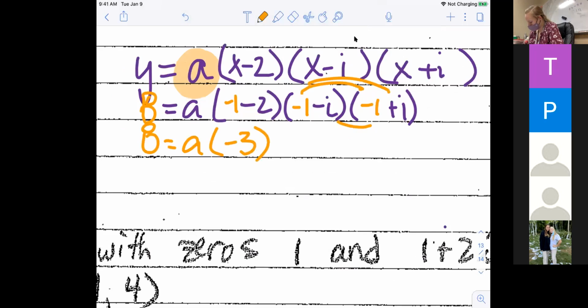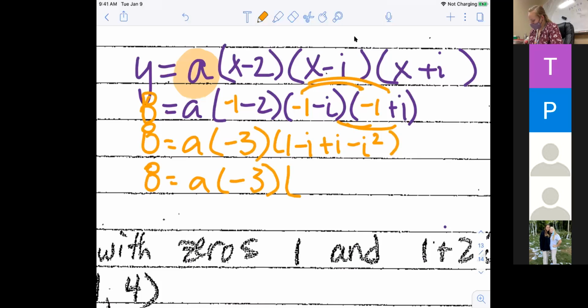Multiply, multiply, multiply, multiply. 1 minus i plus i minus i squared. Ooh. The i's cancel, and then that -i squared becomes a +1. So I've got 1 plus 1, which is 2.